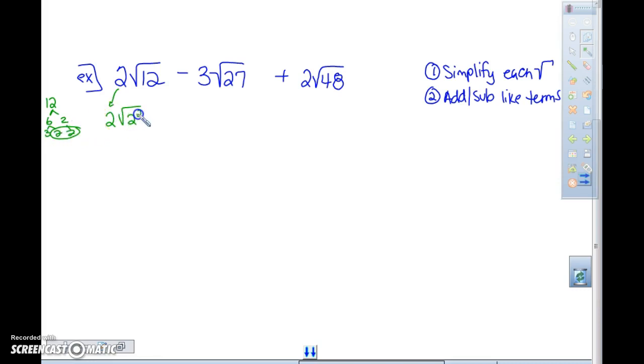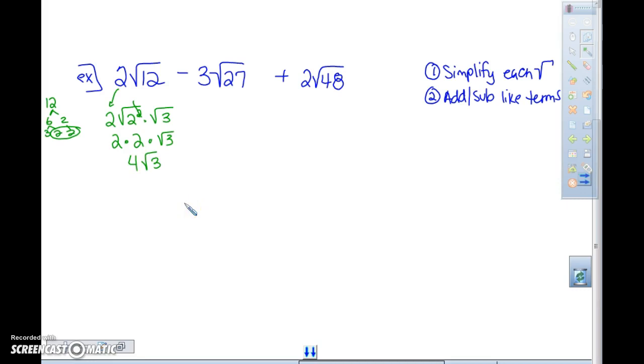So we could rewrite it as 2 squared times the square root of 3. The square and the square root undo each other. So this is really 4 square root of 3 for that first term.